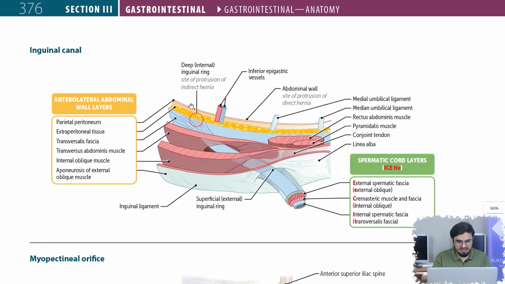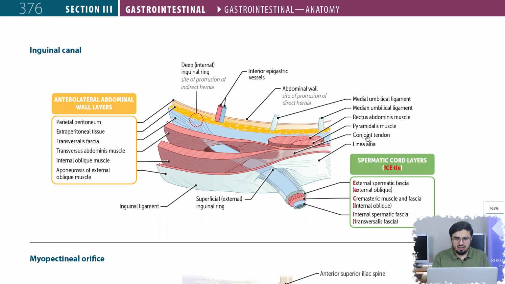Moving forward, posteriorly to anteriorly, we can appreciate the parietal peritoneum, and then the extraperitoneal tissue, the transversalis fascia, transversus abdominis muscle, internal oblique muscle, and then the aponeurosis of external oblique muscle.